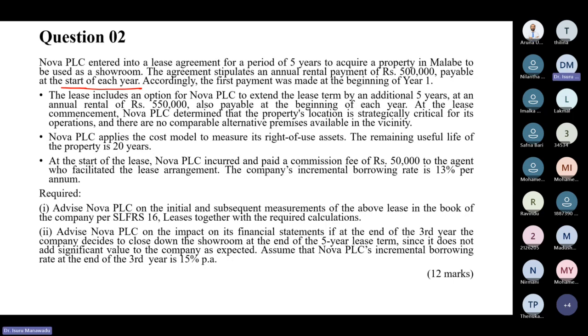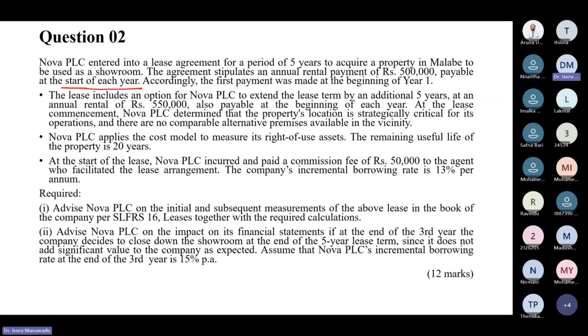That means they are not going to continue the balance part, since it does not add significant value to the company as expected. Assume that Noah PLC's incremental borrowing rate at the end of the third year is 15%. Earlier it was 13%. Now it has been increased to 15% at the end of year 3.